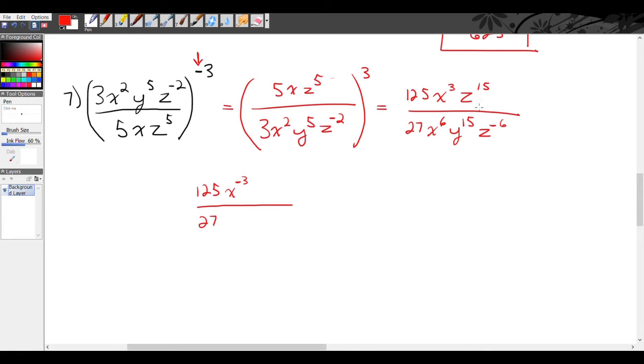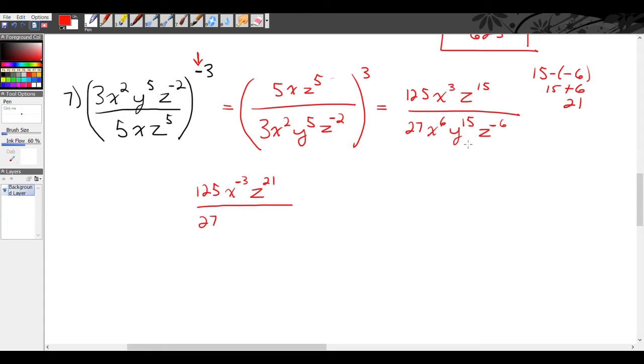Now the z's, z to the 15th divided by z to the negative 6th. So again, we subtract the exponents, and this one you're going to be careful. So 15 minus negative 6 becomes 15 plus 6, which is 21. So this becomes z to the 21st power.